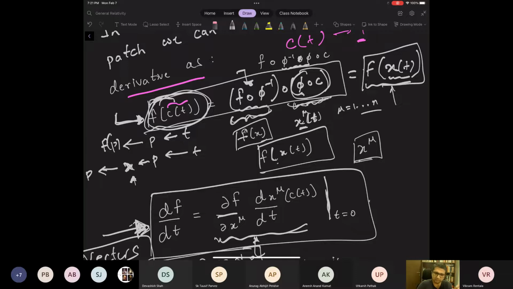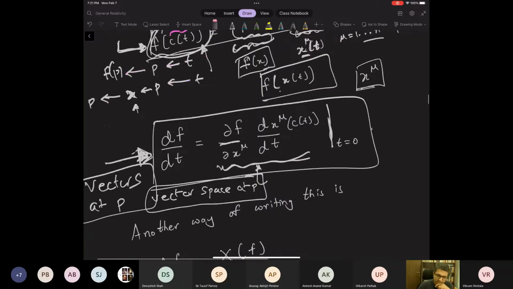Now, we will differentiate this function to give us the tangent at some special point, which we'll call t equal to 0. So we will define df dt. This df dt always exists, but the right hand side expresses it in a particular coordinate system.